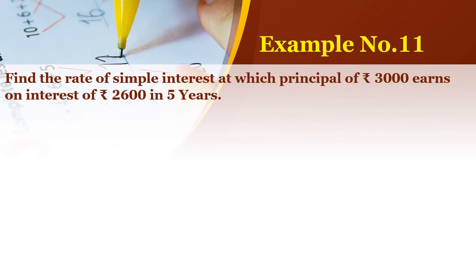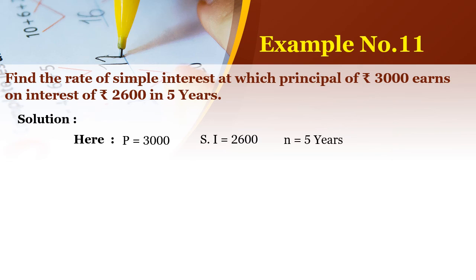Dear students, this is the last example for the topic simple interest. Example number 11. Find the rate of simple interest at which a principal of rupees 3000 earns an interest of rupees 2600 in 5 years. So we are given P is equal to rupees 3000 and the interest of rupees 2600, N is equal to 5 years and R is equal to question mark.